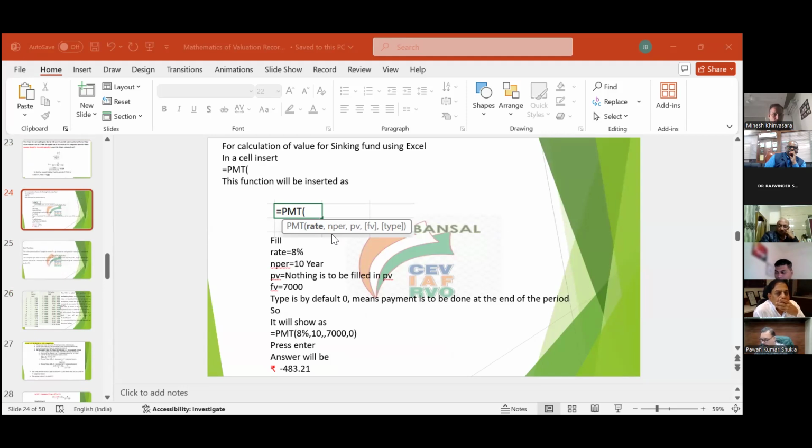Let us suppose rate is 8%, NPER is 10 years. So you need future value. So future value, let us suppose, is 7,000. Nothing is to be filled in PV. So you put all the values, you will get the result. See here.